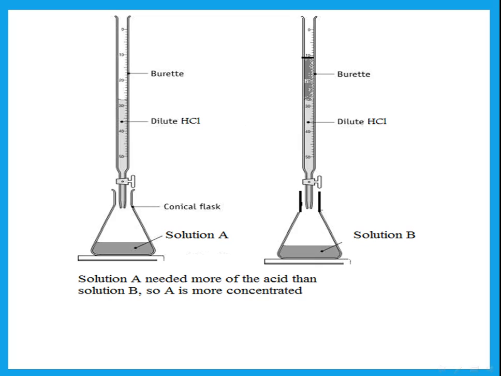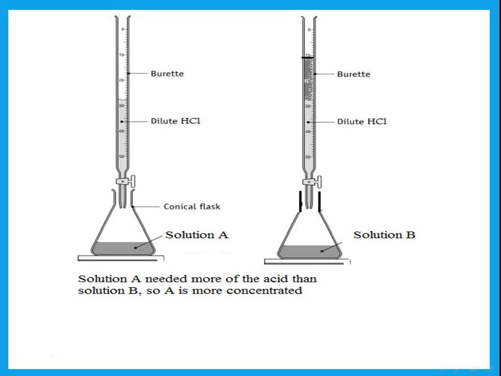Okay? We can use titration for something else. So if we have solution A and solution B, so I have a certain volume of, a certain solution of HCl in the burette, and I have 2 solutions. So this is what we were just doing. I'm using titration to determine which solution is more concentrated.